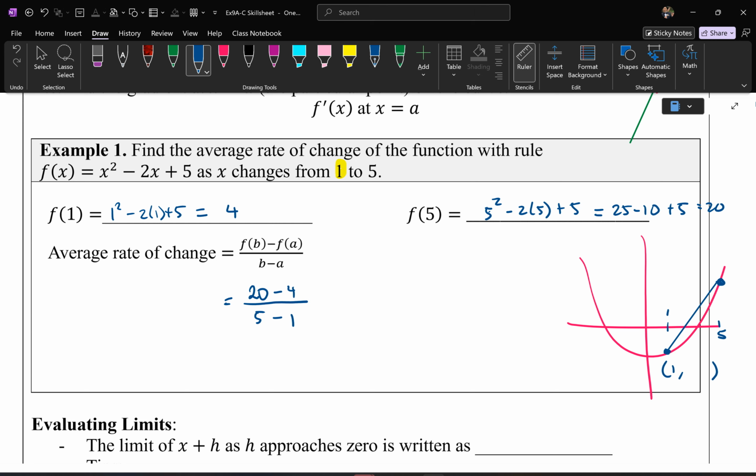Given that you know now this is 1, 4, and the other one is at 5, 20, that gives you a total of 16 on 4. Average rate of change is 4 units. 4. That's the average rate gradient.